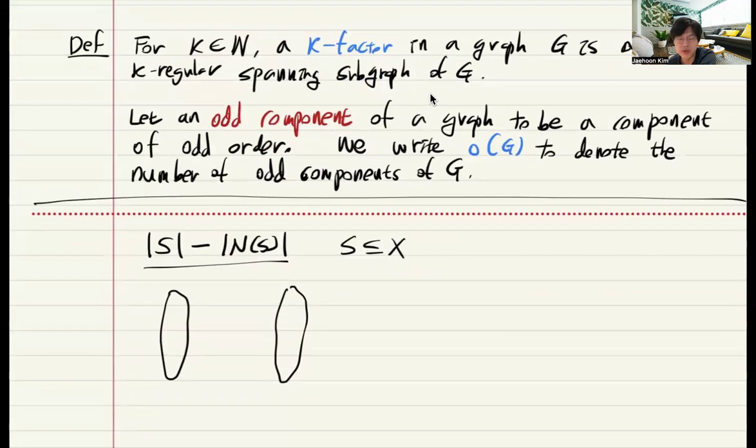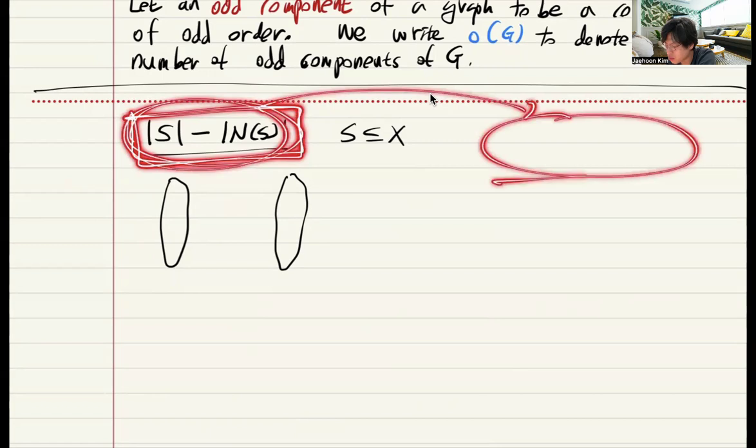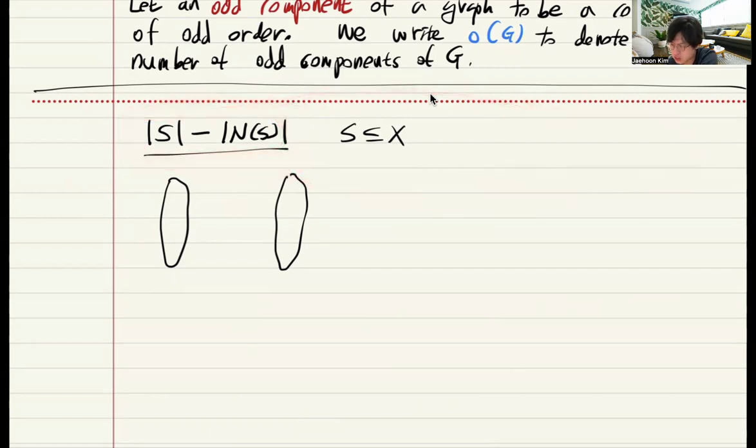Hopefully it should also apply to bipartite graphs and give the same conclusion as Hall's theorem. So we want to see what's missing in this quantity. We want to find the corresponding quantity for general graphs, which has the same meaning as this in the bipartite case.